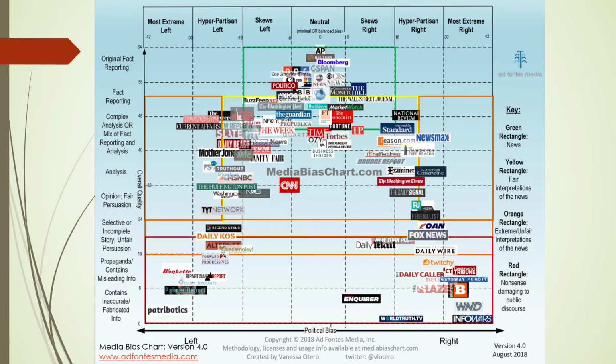And so this is just a chart I found online. I don't really know the methodology she used, but basically it was charting the level of bias. So if we look at this, it's a bell curve of the fair interpretations of the news, and then what she categorized as news.